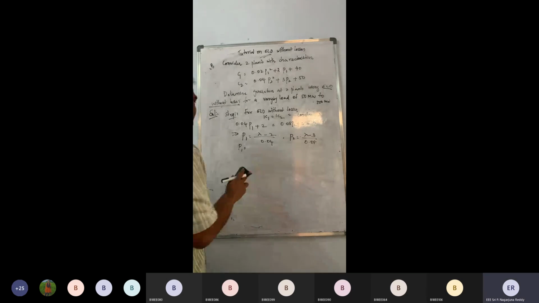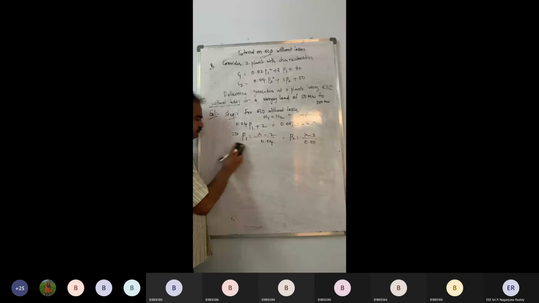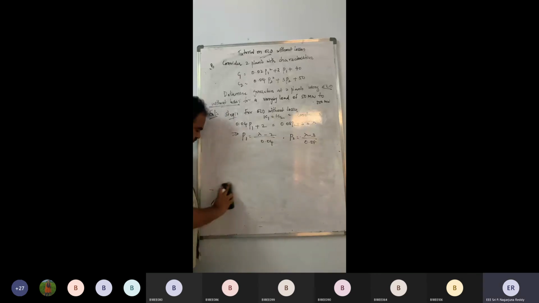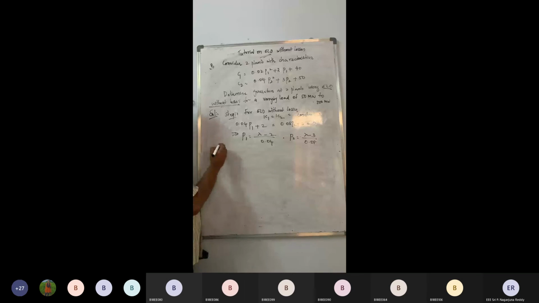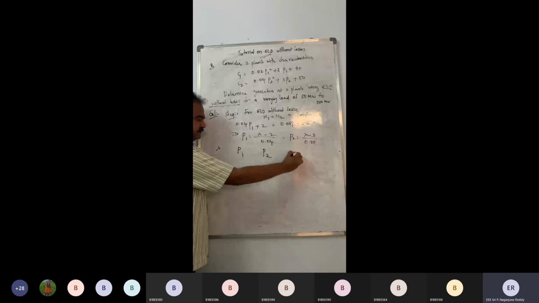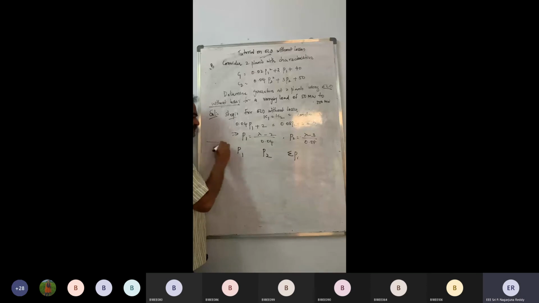Now I'm going to draw a table with columns lambda, P1, P2, and sigma P. Now this is my table.